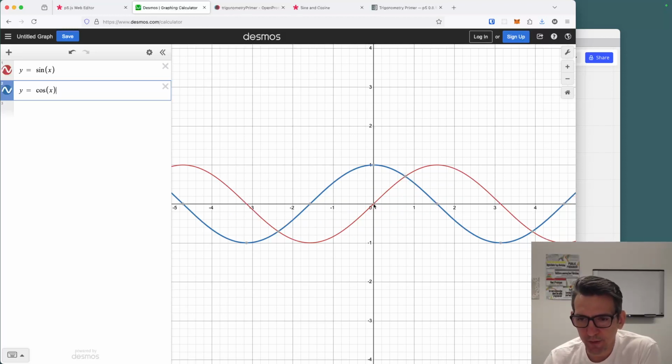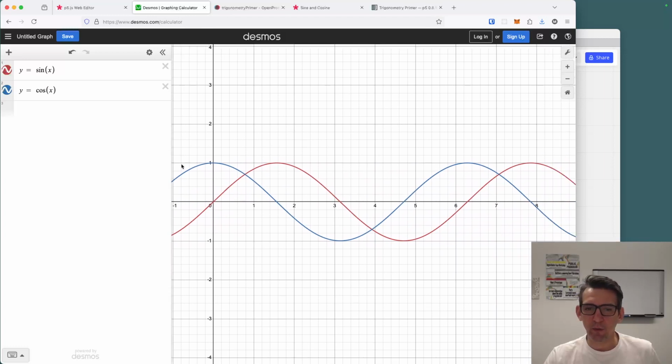So like 0, 0 on the sine is going to be actually 1, 0 on the cosine. So if you think about just going into the positive numbers, you can say that our sine starts at 0 and our cosine starts at 1. And then it goes to 1, and then this one goes to 0. Okay? So we have those two complementary numbers, and they just go on and on and on.